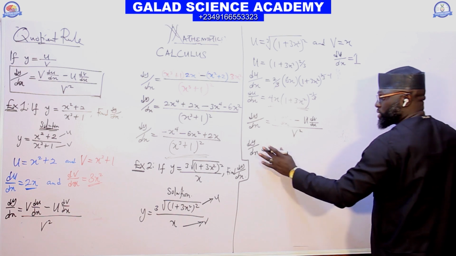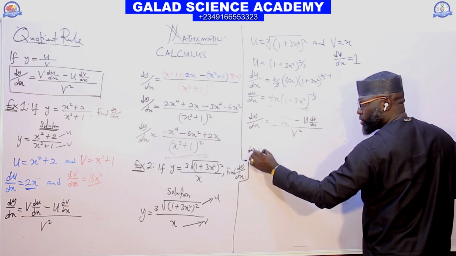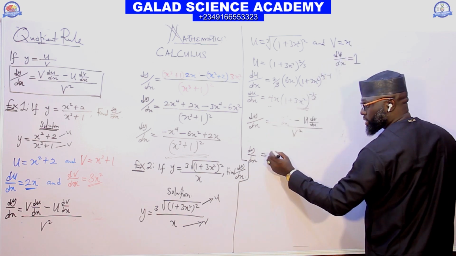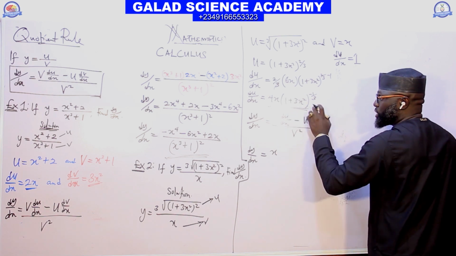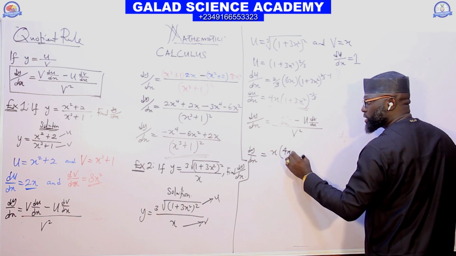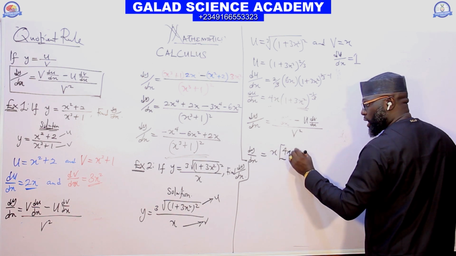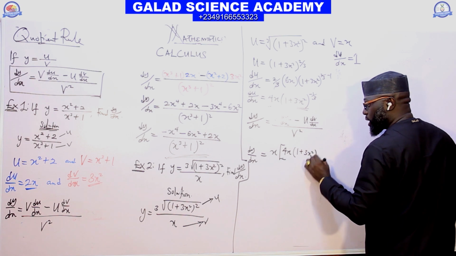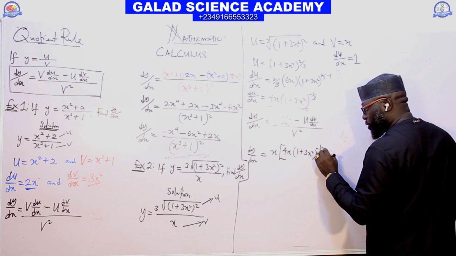Here v is x. What is du/dx? This is du/dx: 4x into the bracket, and we have x plus 3x squared into minus 1 over 3.